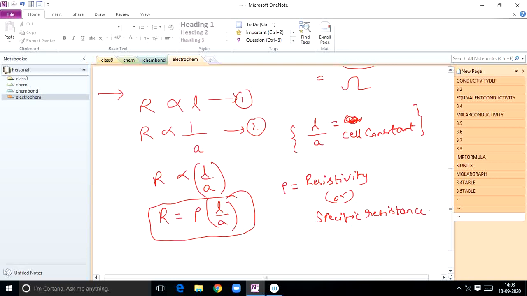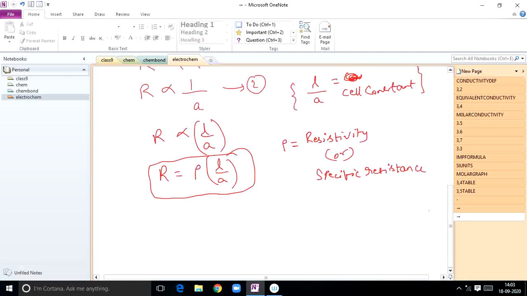So what are the units of cell constant? If you observe, the units of cell constant you can take as centimeter by centimeter square, meaning centimeter inverse in CGS system or meter inverse in SI system. That is the units of cell constant.